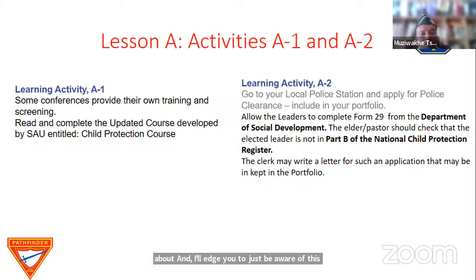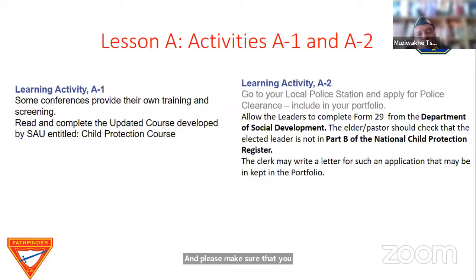And maybe if you do not have it, leaders, in your federations, the presidents or any federation officer will be helpful in providing you with the Child Protection Course manual. And please make sure that you have this manual.